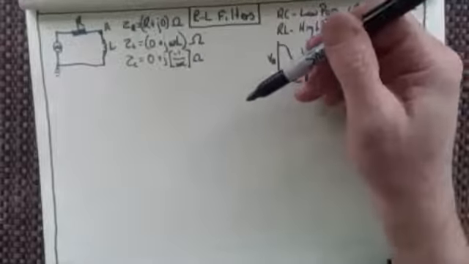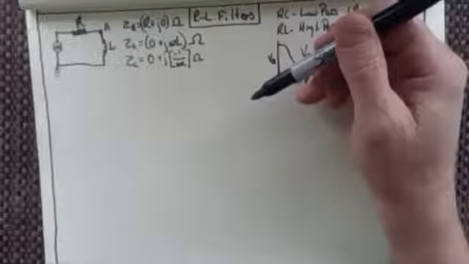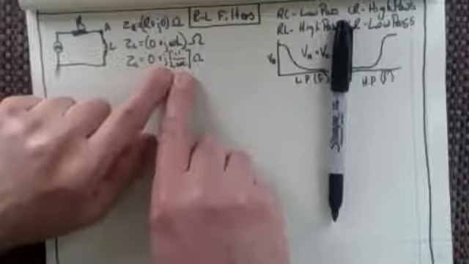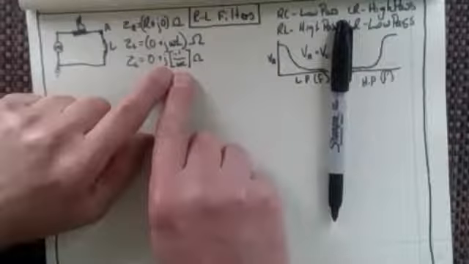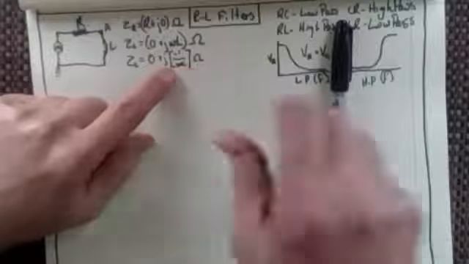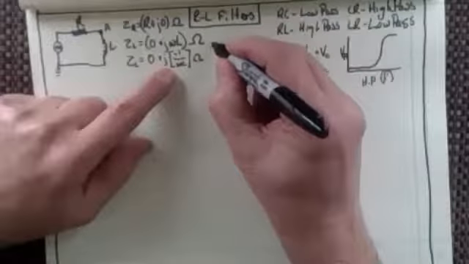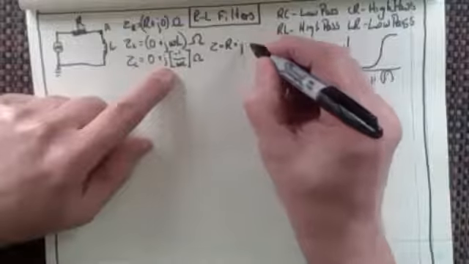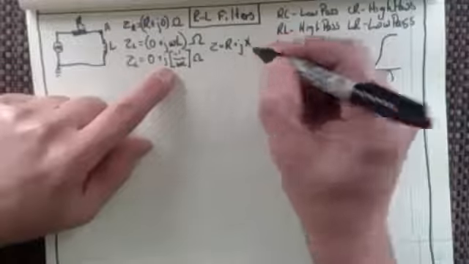So as the frequency gets higher for a capacitor, that means that the denominator is going to get larger, so the reactance is going to get smaller, right? Let's not forget what Z is. Z is resistance plus j reactance, right?